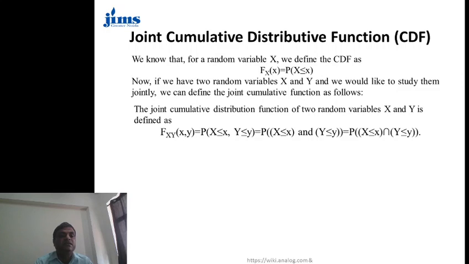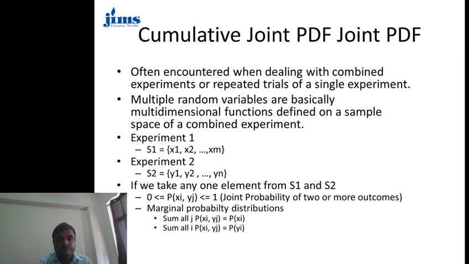It is represented as F_XY(x,y), the function of x and y, that depends on the probability of X less than or equal to x and Y less than or equal to y. That is the probability of the intersection of X and Y. So these are basically the joint cumulative function.